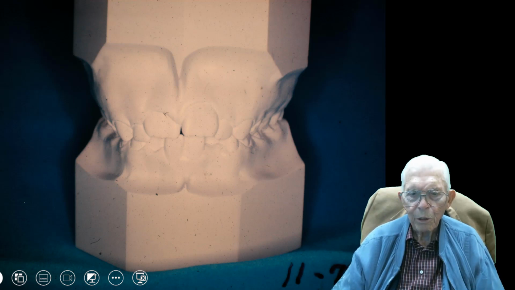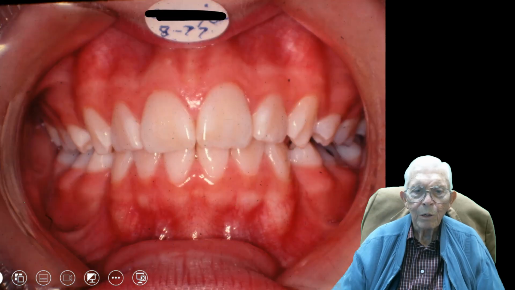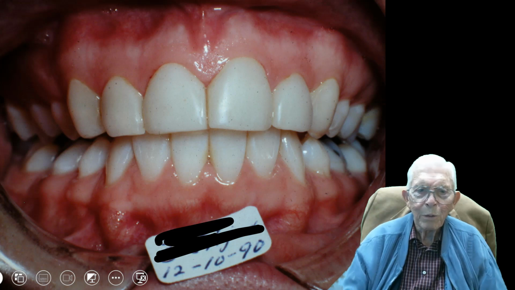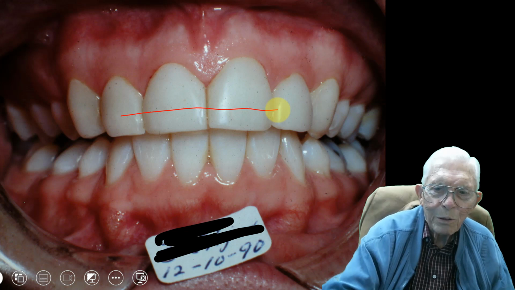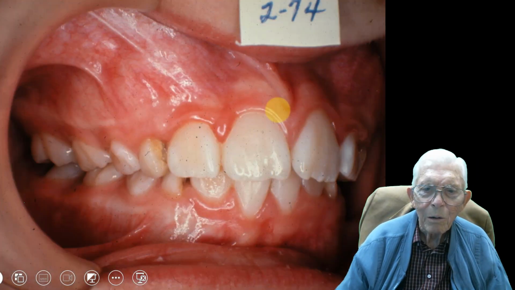This is 1972. These were her models. This is 74. We worked with her, and we did a slicing procedure on her to get room in there too. And somebody came in and put these silly plastic crowns over those teeth. I wish they'd have left them alone.